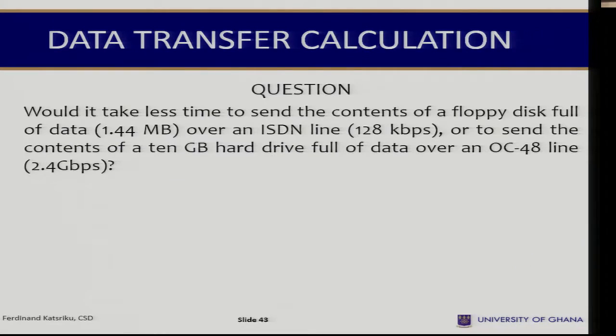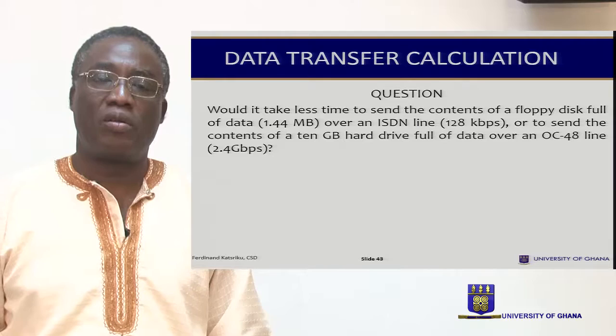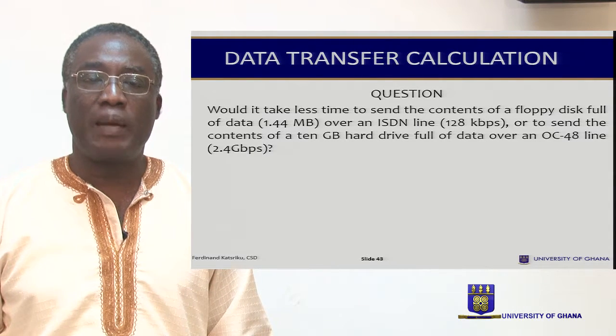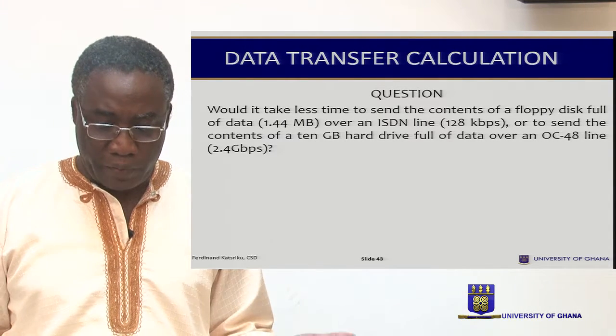Would it take less time to send the contents of a floppy disk full of data, that is 1.44 megabytes, over an ISDN line, which has 122 kilobits per second, or to send the contents of a 10 gigabyte hard drive full of data over an OC48 line, which has a capacity of 2.4 gigabits per second? So which will be faster?